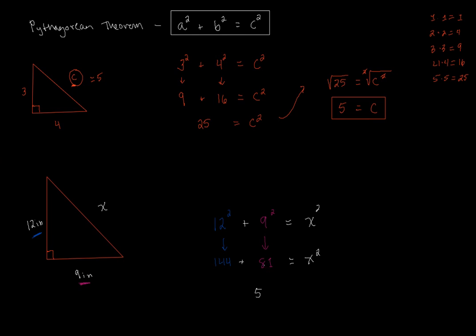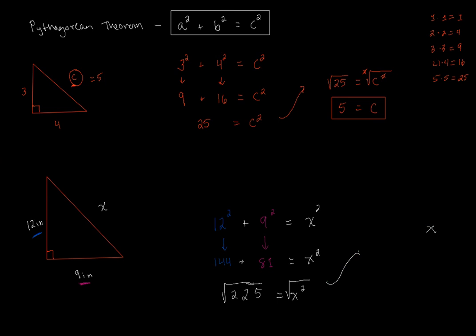In the tens place, we have 8 plus 4, which is 12, so we carry the 1, and 1 plus 1 gives us 2. 225 should equal x squared. Now remember, we have to take the square root of both sides, because we don't want x squared, we want x. We have to get rid of the square on x squared, which means getting rid of it over the 225 too.